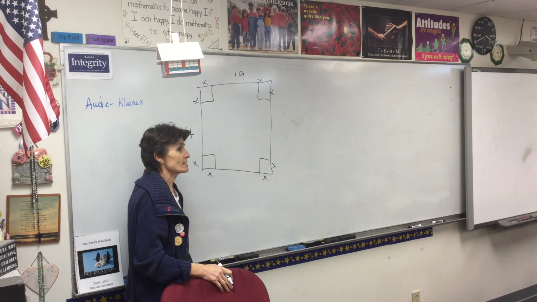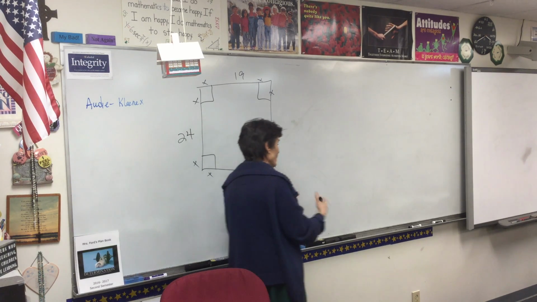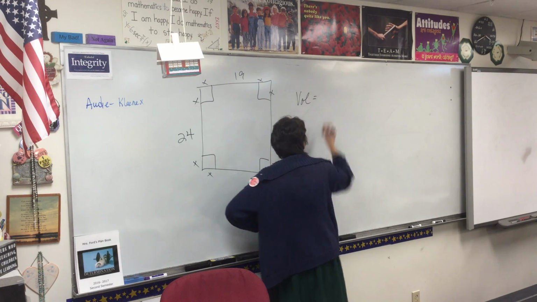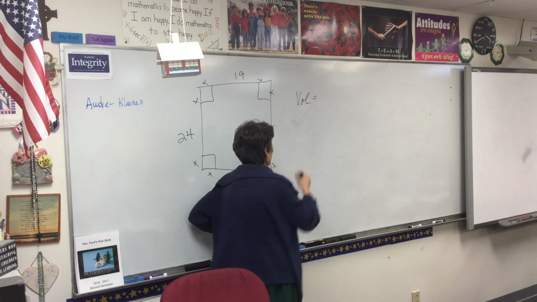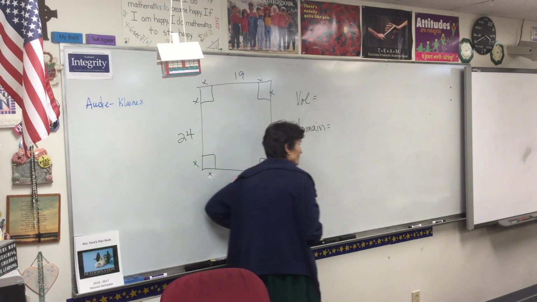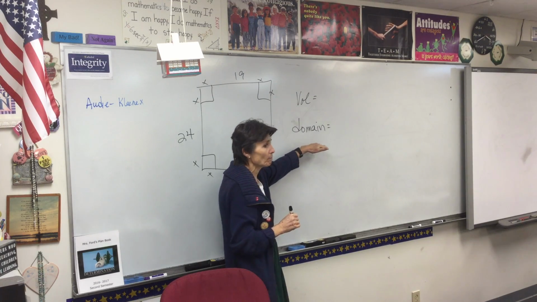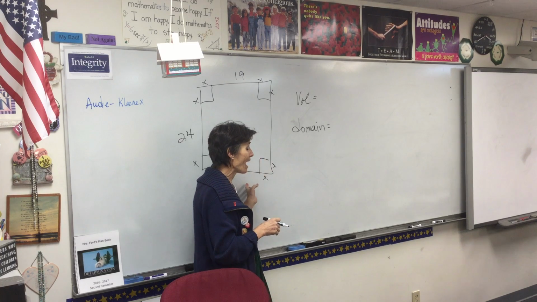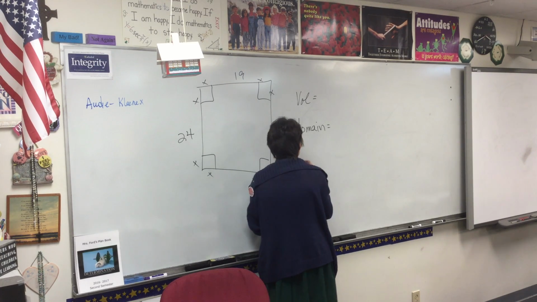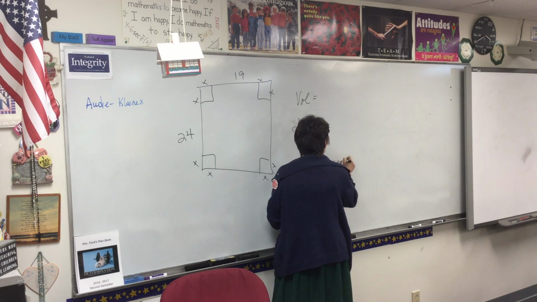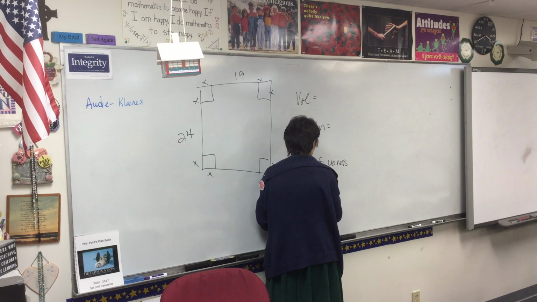So the questions that you're going to have to address here, the things you're going to have to write down: you're going to have to write down an equation for the volume of the box. You're going to have to tell what's the domain, which is going to be extremely important because that's how you're going to set your window up when you graph this equation to find either the size of the corners or the maximum volume.